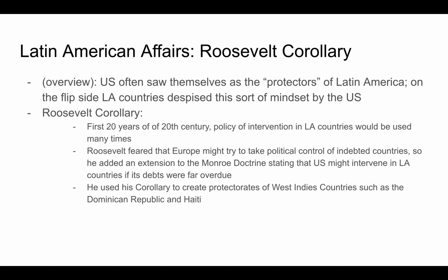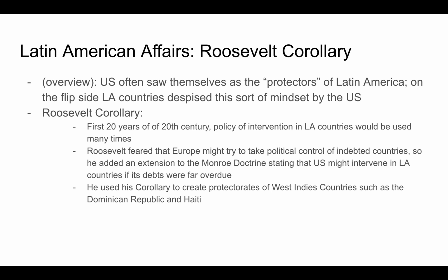Latin American affairs, the Roosevelt Corollary. Overview. The U.S. often saw themselves as the quote-unquote protectors of Latin America. On the flip side, Latin American countries despised this sort of mindset by the U.S. The Roosevelt Corollary. In the first 20 years of the 20th century, the policy of intervention in Latin American countries would be used many times.